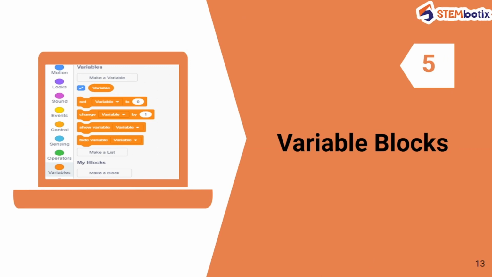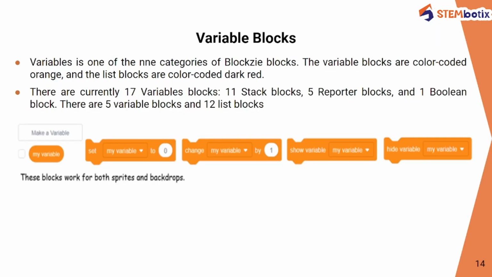Now in the fifth section we will see the variable blocks. This is another category of the block programming palette, named variable blocks. These are the blocks we can create if we want some variable, or to define a new variable in our project. Variable is one of the 9 categories of Blockz blocks. The variable blocks are color coded orange and the list blocks are color coded dark red.